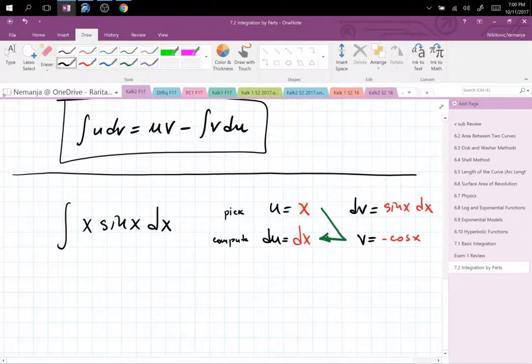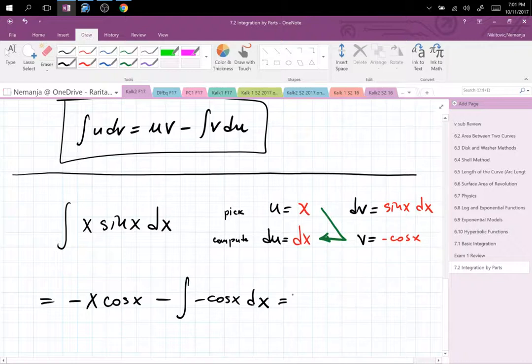So what do we get? We get negative x cosine x minus the integral of negative cosine x dx, which is negative x cosine x plus the integral of cosine x dx.